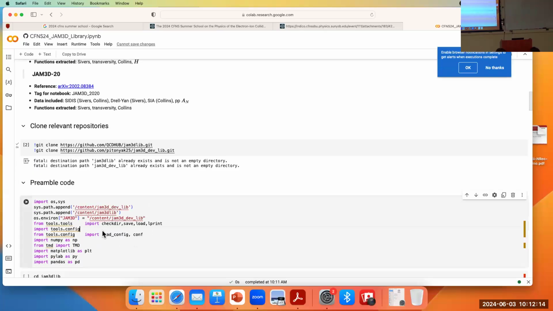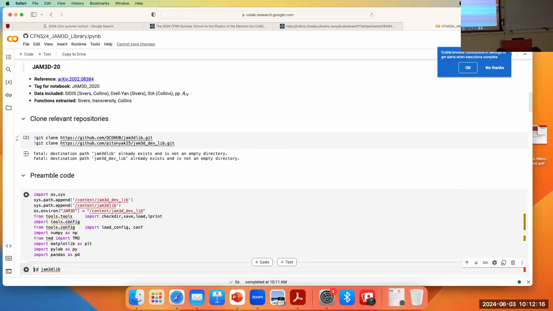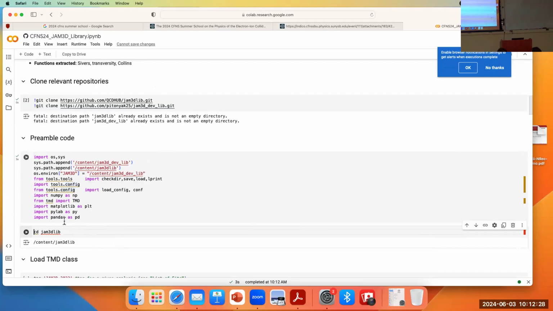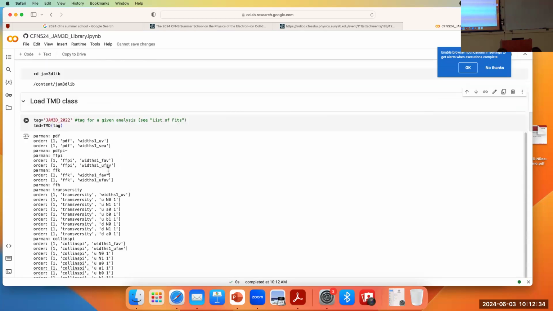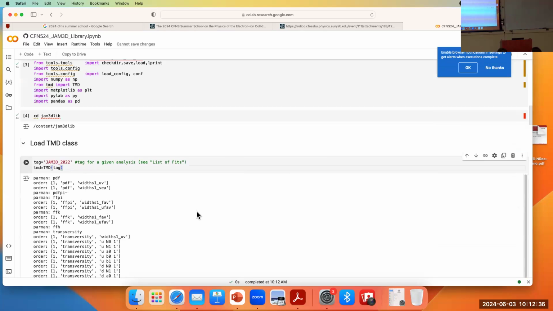What I'm doing here is that the first line of this code is just cloning the appropriate GitHub repositories where everything is located. Then I'm using these GitHub repositories and entering one of them. Now here I'm loading our TMD class with some particular extraction that we did in 2022.